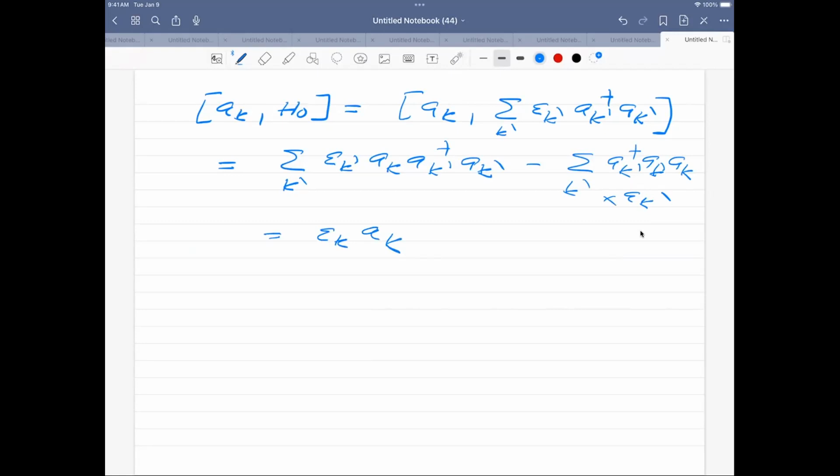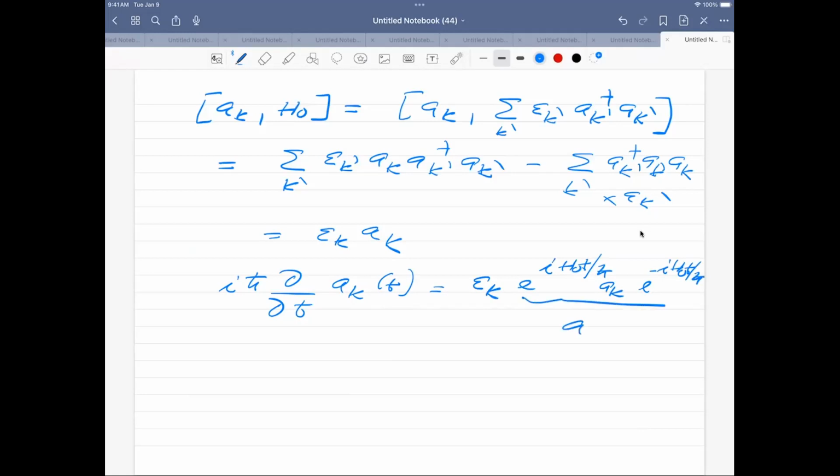So the equation of motion turns into a_k(t), and that's going to be given by ε_k, and then e^{iH_0 t/ħ} a_k e^{-iH_0 t/ħ}. And this quantity here is nothing but the definition of an operator in the interaction picture.